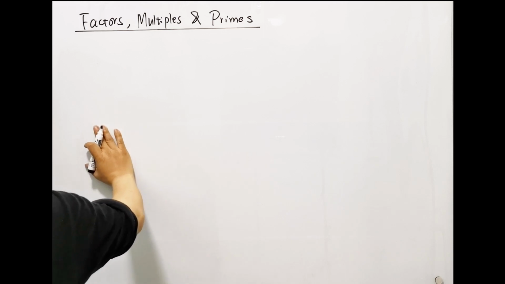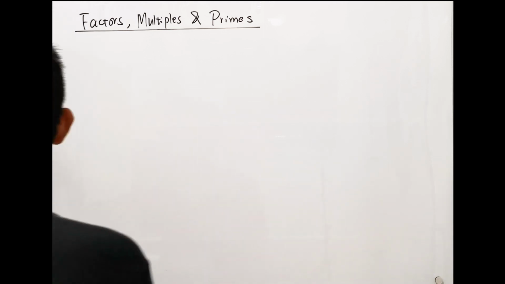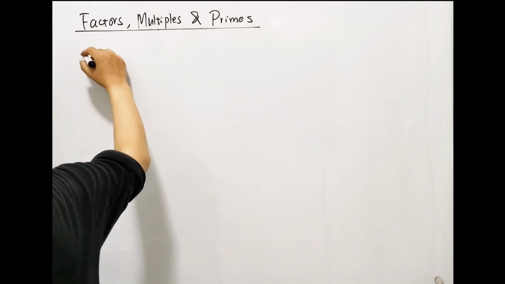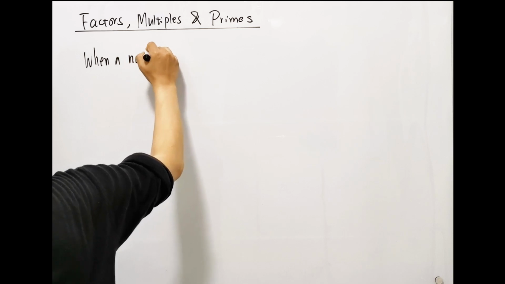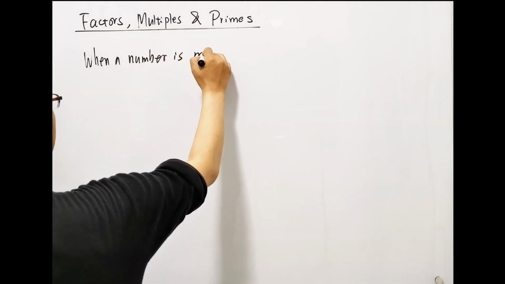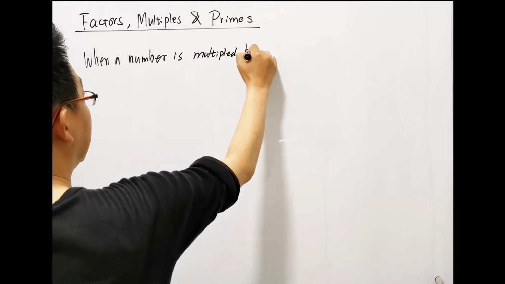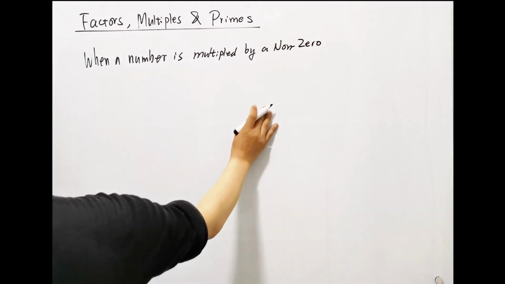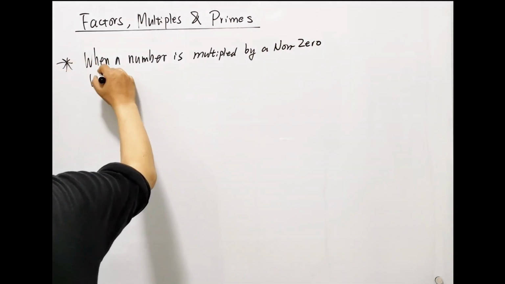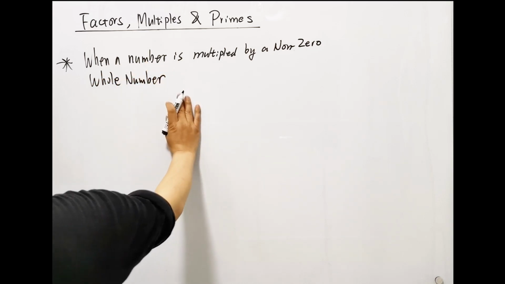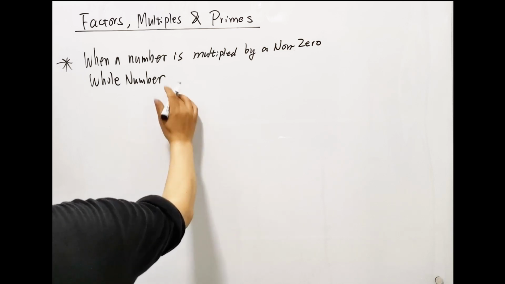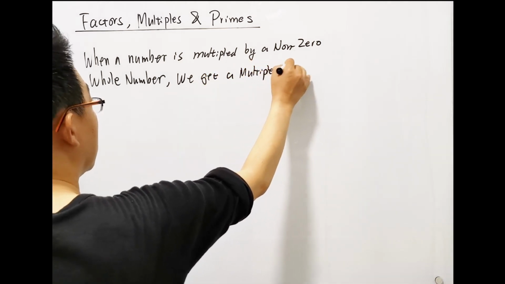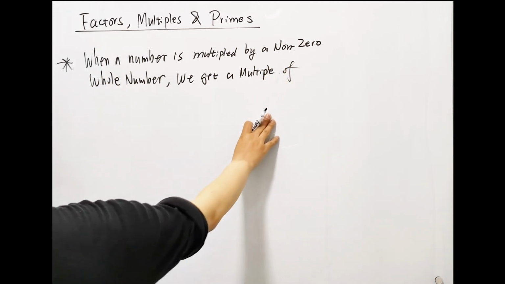Now let's start to talk about what the multiples are. Okay, when one number is multiplied by a non-zero whole number, we get a multiple of that number.